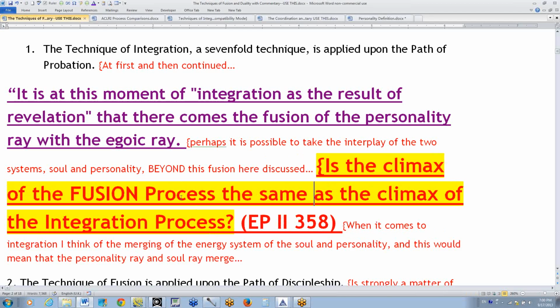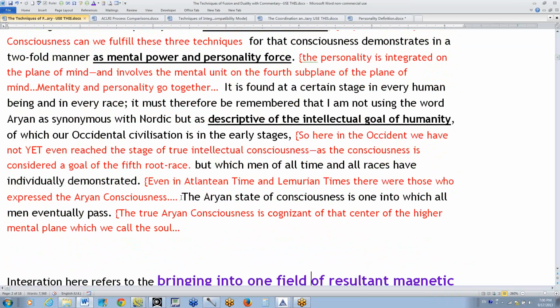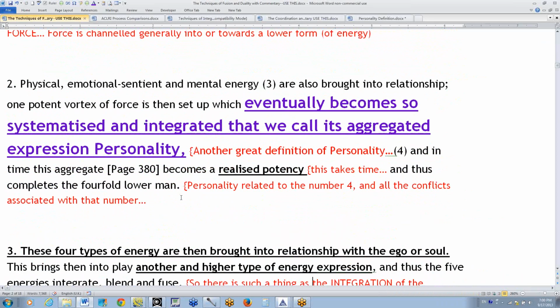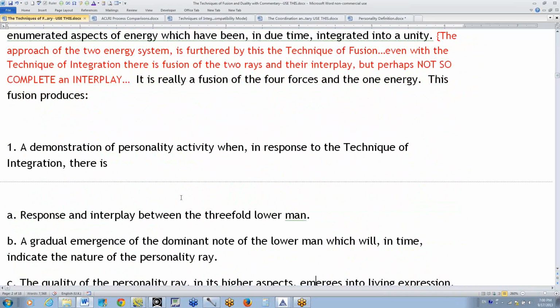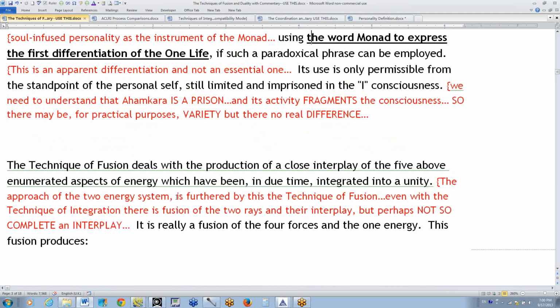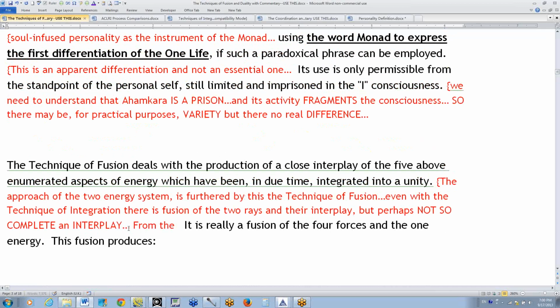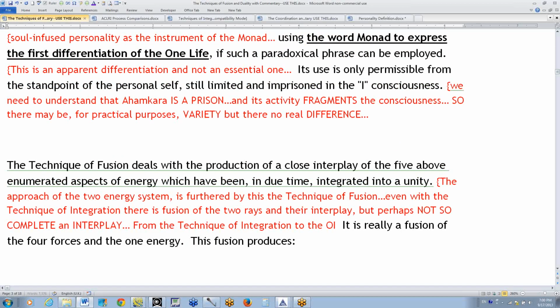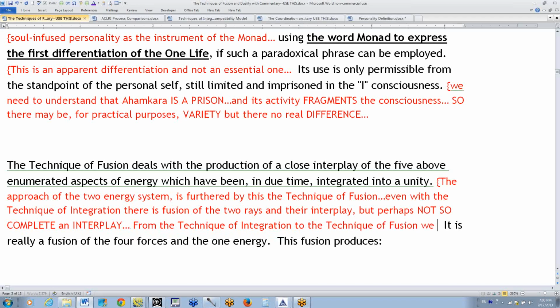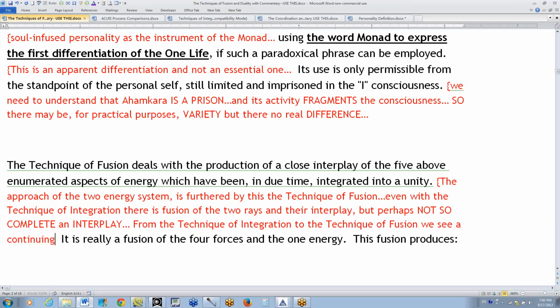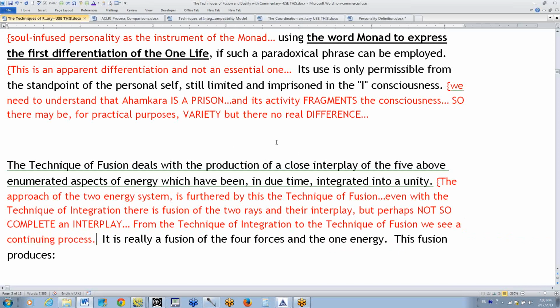So, what do we get the idea of here? I would say we get the idea of continuation. The continuation of a process from the technique of integration to the technique of fusion. We see a continuing process.